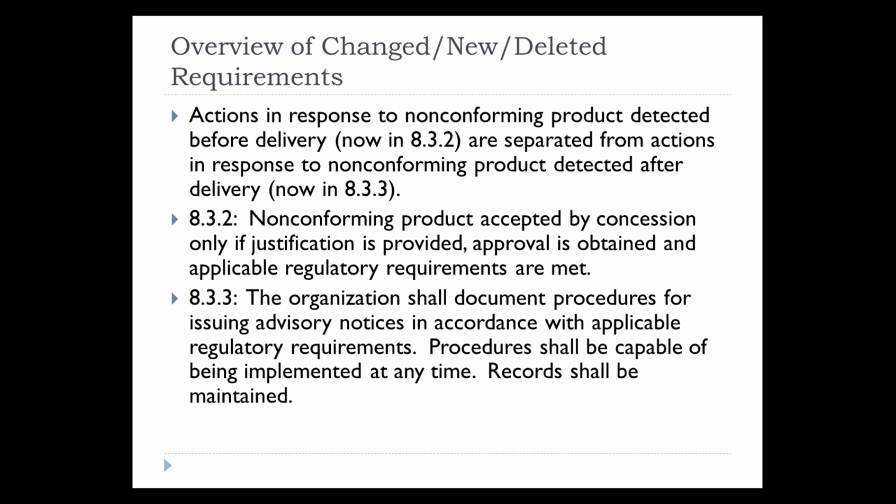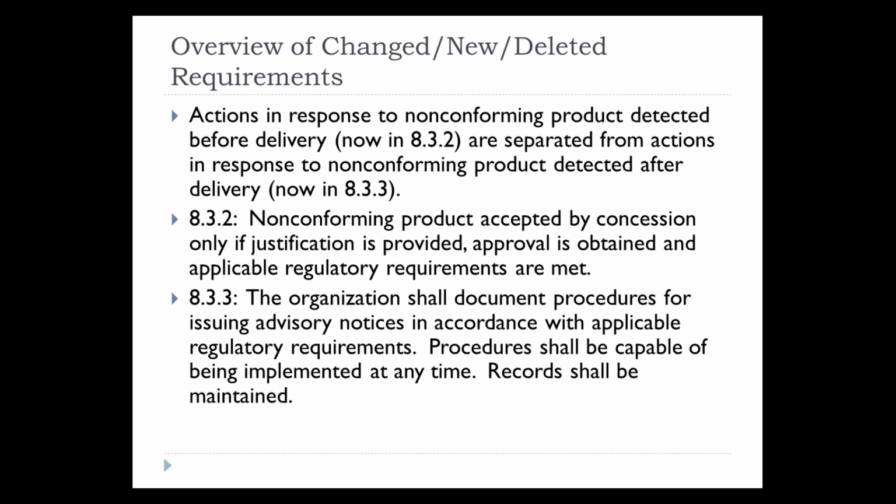An interesting distinction is being made between 8.3.2 and 8.3.3. Actions in response to nonconforming product detected before delivery are covered in 8.3.2, separately from actions in response to nonconforming product detected after delivery, which is covered in 8.3.3. So let's talk about 8.3.2 first.